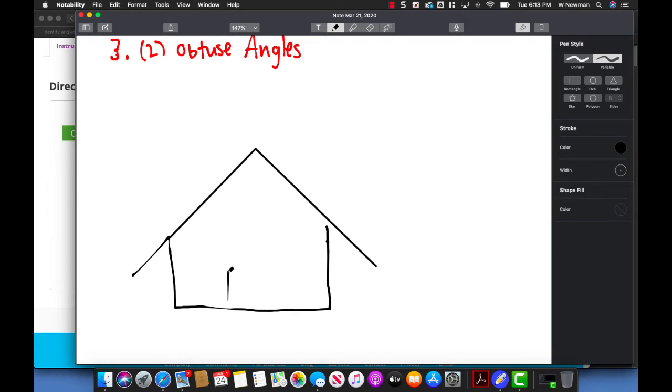I'm going to give it a door. There's a door. Some windows. Okay. And now I'm going to draw a chimney.